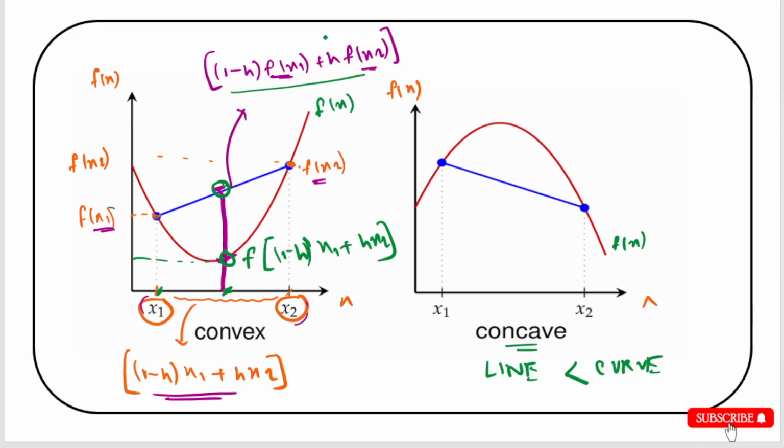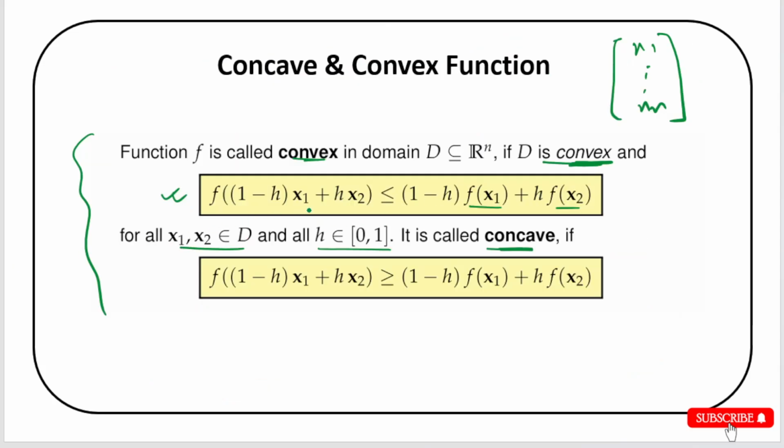So this thing has to be greater than or equal to f of (1 minus h) times x1 plus h times x2. That is what the definition says: for a convex function, f of the linear combination has to be less than or equal to the linear combination of functional values.